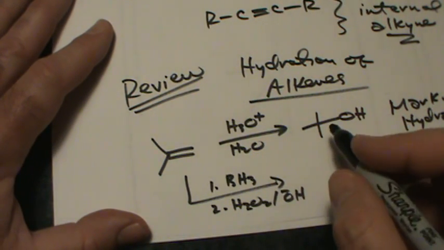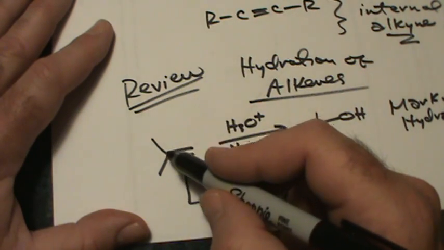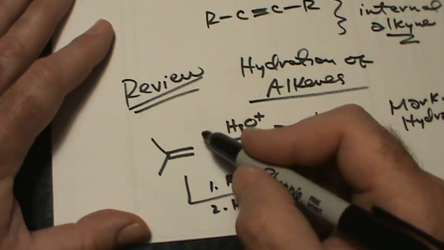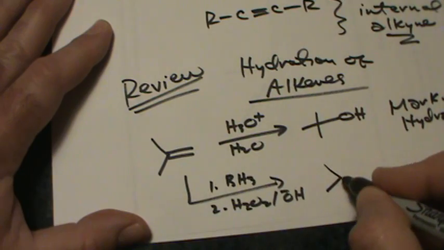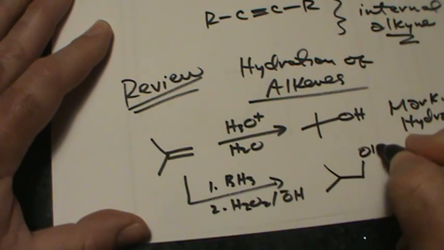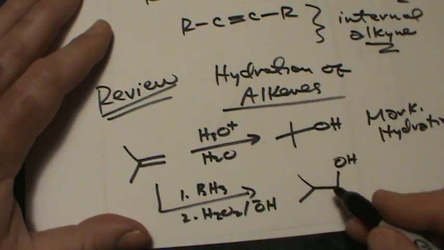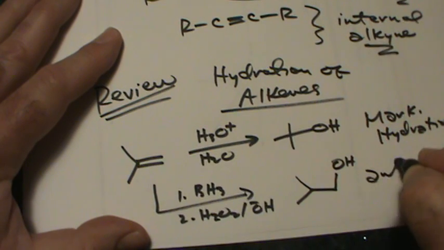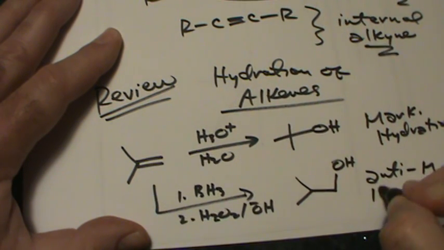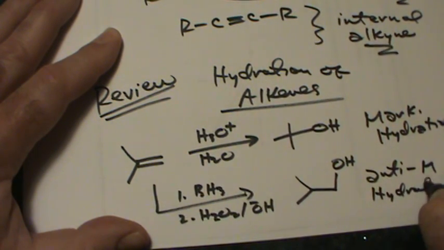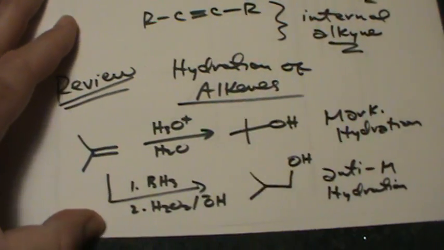Ultimately, because it's anti-Markovnikov, the hydrogen adds across the more substituted and the OH across the less substituted carbons, and so we wind up with this isomeric anti-Markovnikov hydration product.